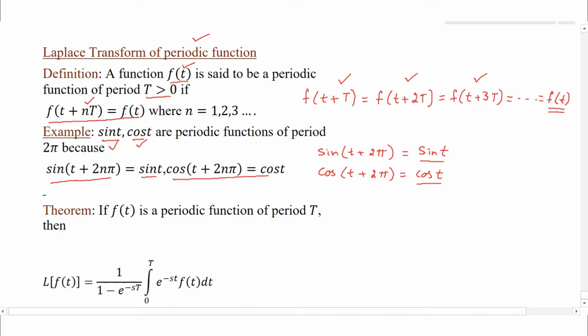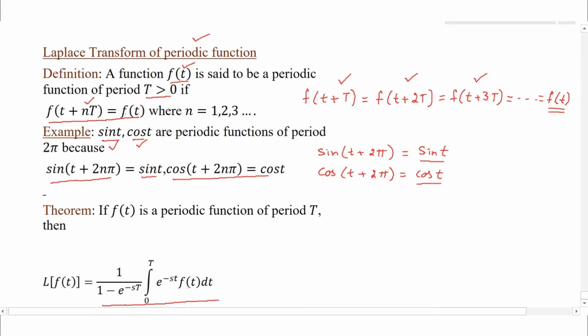Let's take the theorem. If f of t is a periodic function of period T, then the Laplace transform of f of t is 1 by 1 minus e power of minus sT, times the integral from 0 to T of e power of minus st f of t into dt.